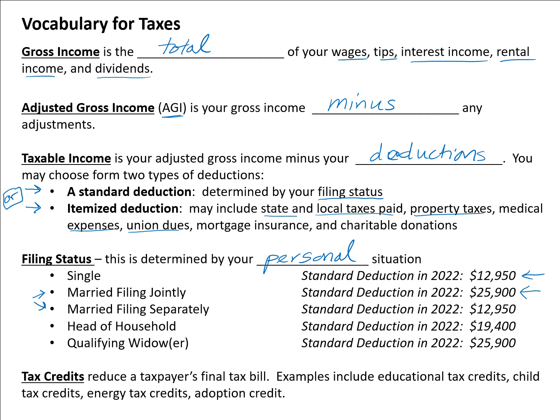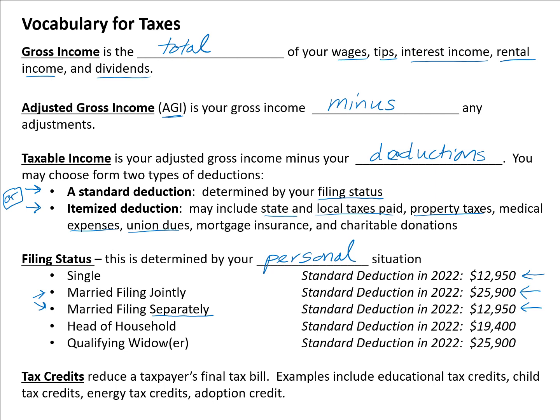The other way you can file if you're married is as married filing separately. What that means is that you and your spouse each separately file tax forms. And if you do that, because you're filing for 1 person, your standard deduction goes back to that single amount, $12,950. And again, these are standard deductions for 2022. They do change every year.